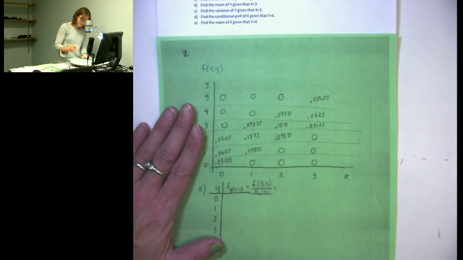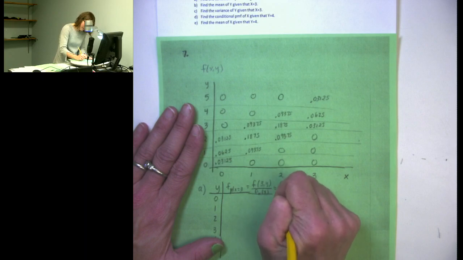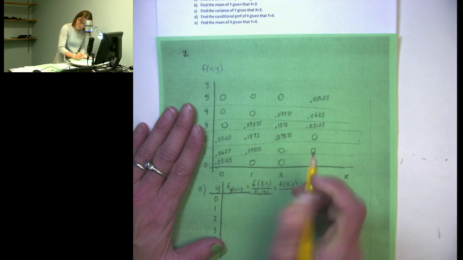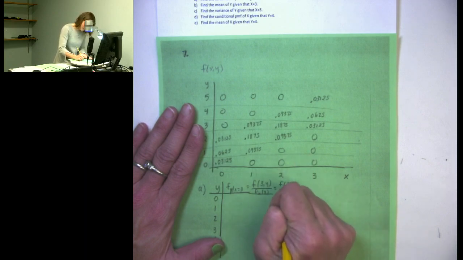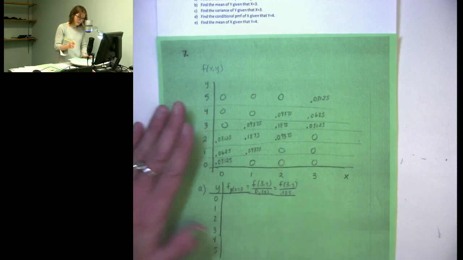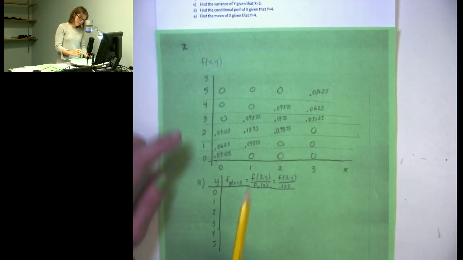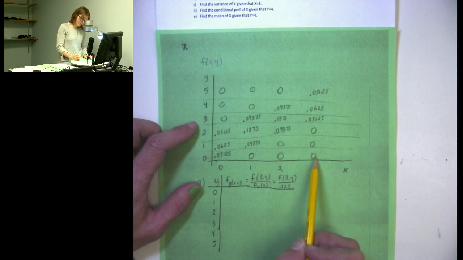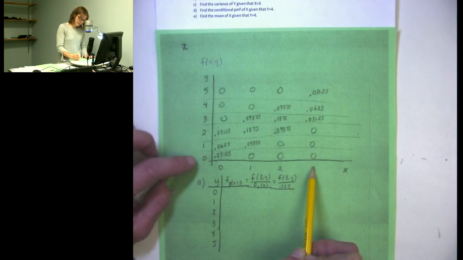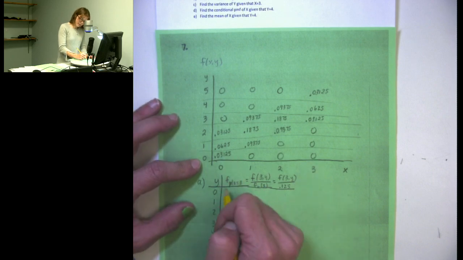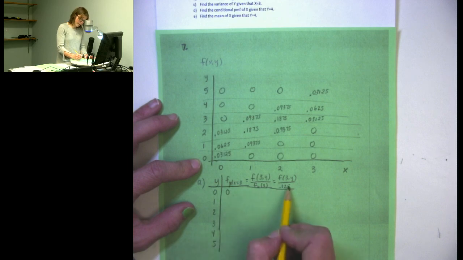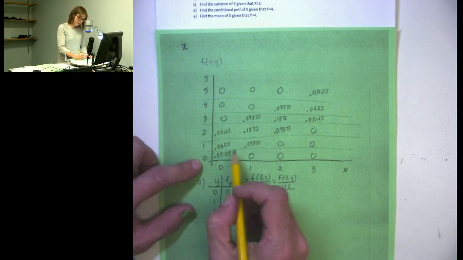So this is going to be our f of 3, y divided by 0.125 as I go through. So x is equal to 3, and the probability that y is equal to 0 in this situation is 0. When I divide that by 0.125, I still get 0.